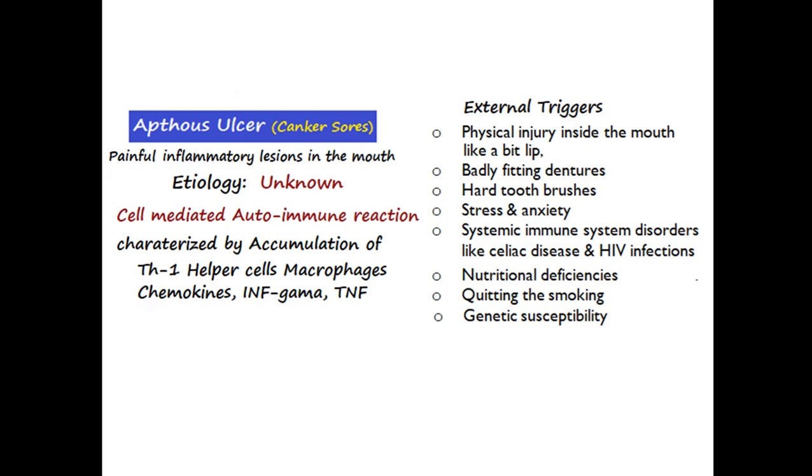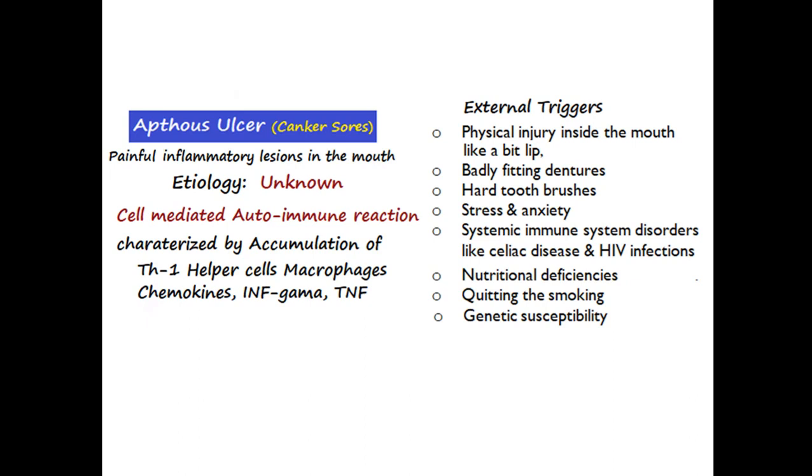Now, in an immune reaction, either antibodies will be involved, which are secreted by the plasma cells derived from the B lymphocytes, or in an autoimmune reaction, cells may be involved, which are mainly the T cells, T lymphocytes. So, the Aphthous ulcer is a cell-mediated autoimmune reaction, and it is characterized by the accumulation of T helper 1 cells.